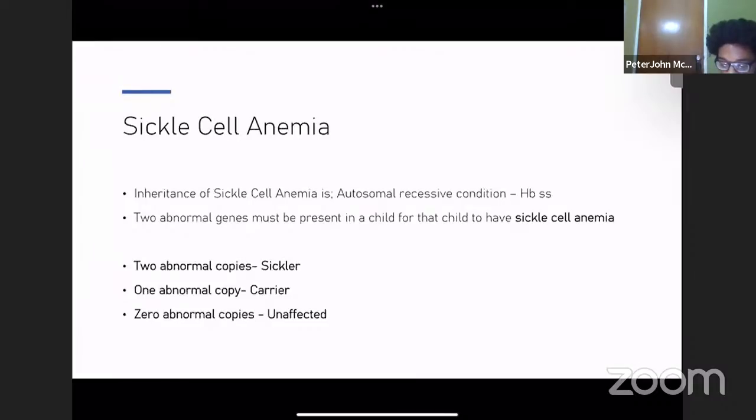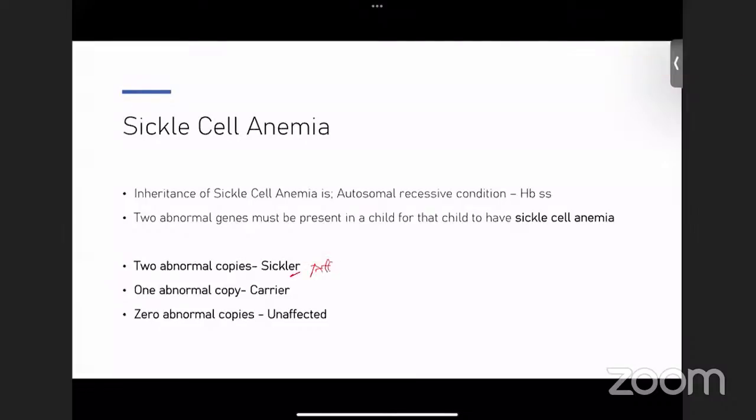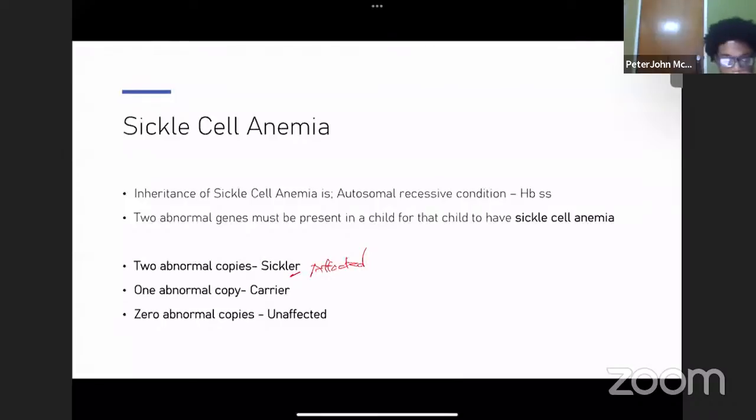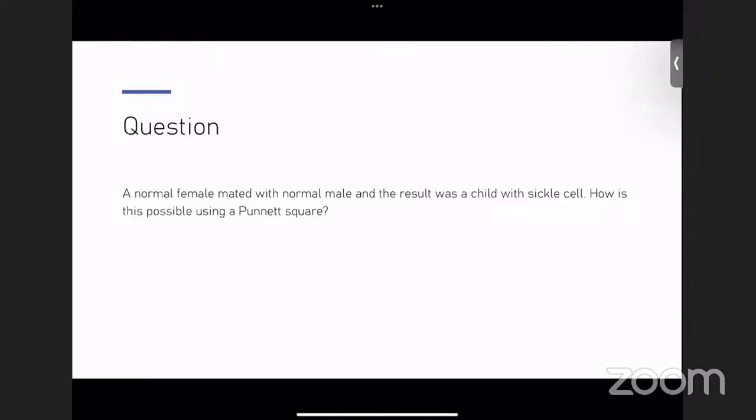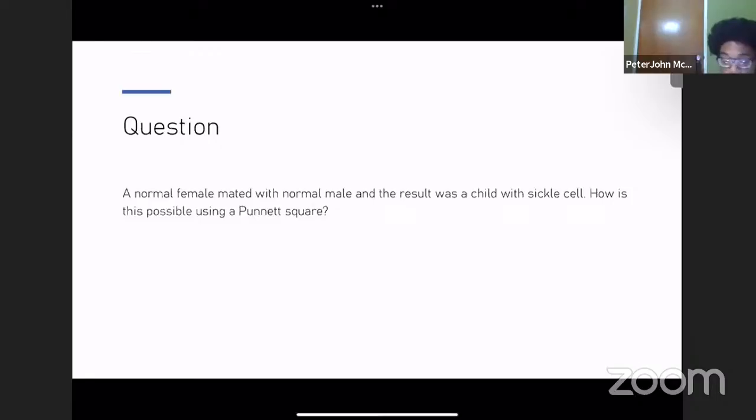Two abnormal copies, you're affected, but we call it sickle. One abnormal copy, you're a carrier. Zero abnormal copies, you're unaffected. A normal female mated with a normal male, and the result was a child with sickle cell. How is this possible using a Punnett square?